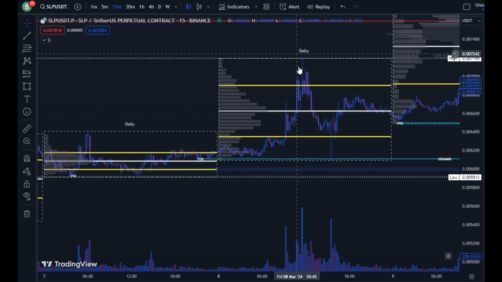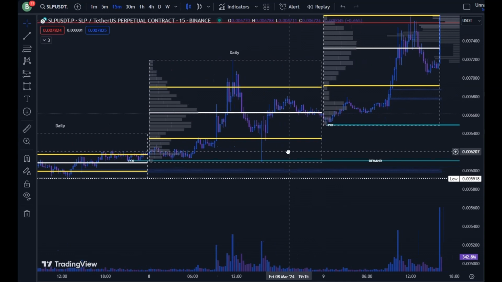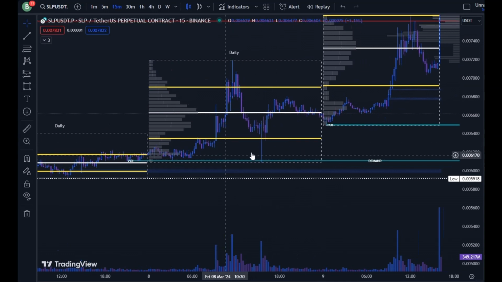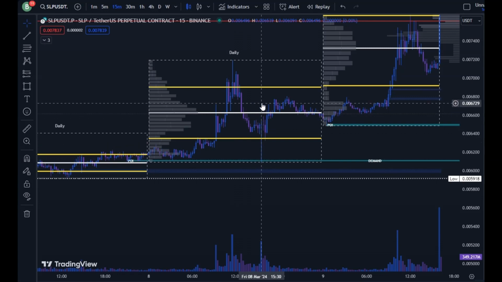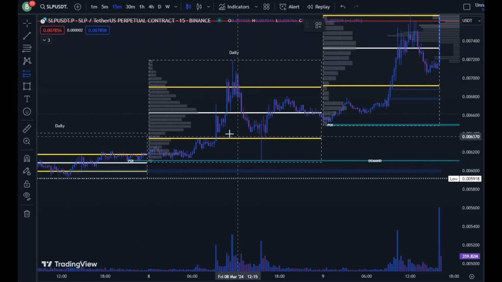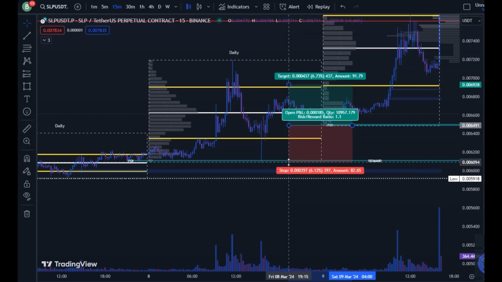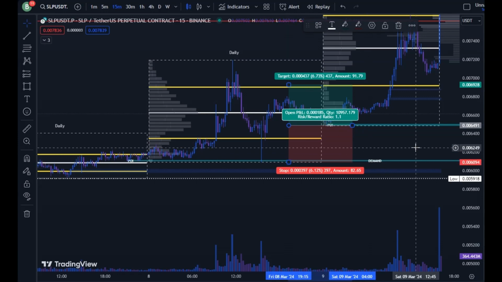Value area high, came all the way back down at 3:30. Big long wick. Take the long. So you're gonna be opening it there. Your stop's gonna be here though, which is a big stop.